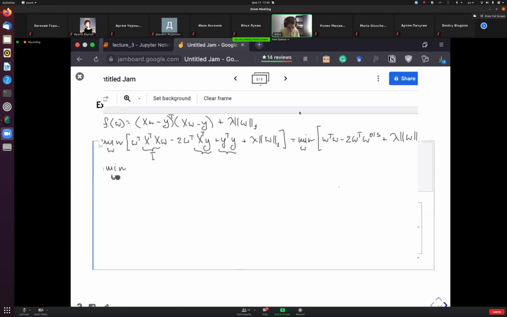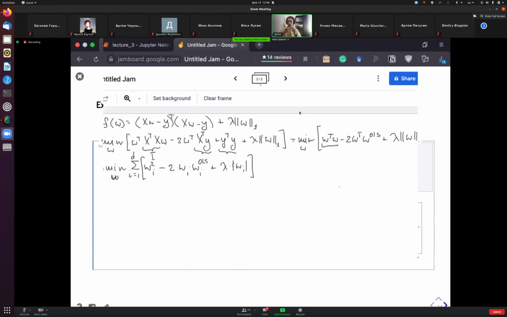That's the minimum over W of the sum for i from 1 to D, where D is the number of coefficients in W. So this part is just a sum of squares, right? So it's w_i squared minus 2 times w_i times w_i non-regularized plus lambda times absolute value of w_i.